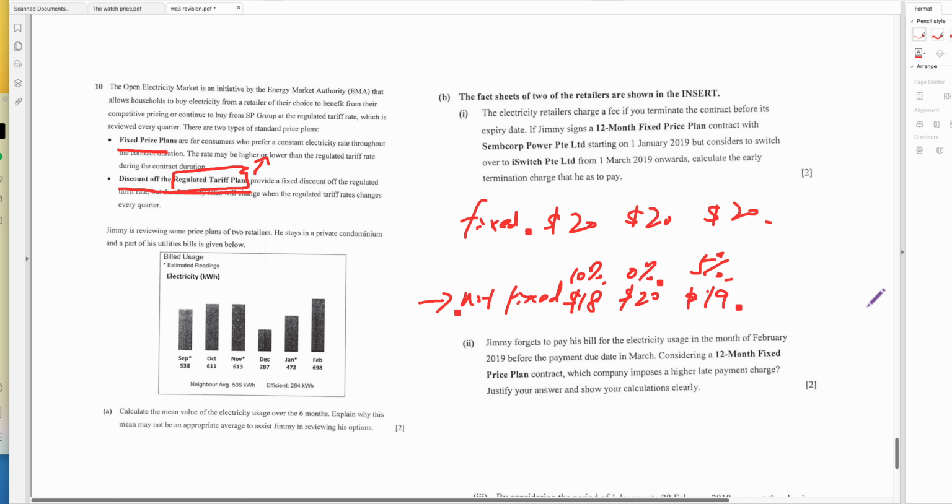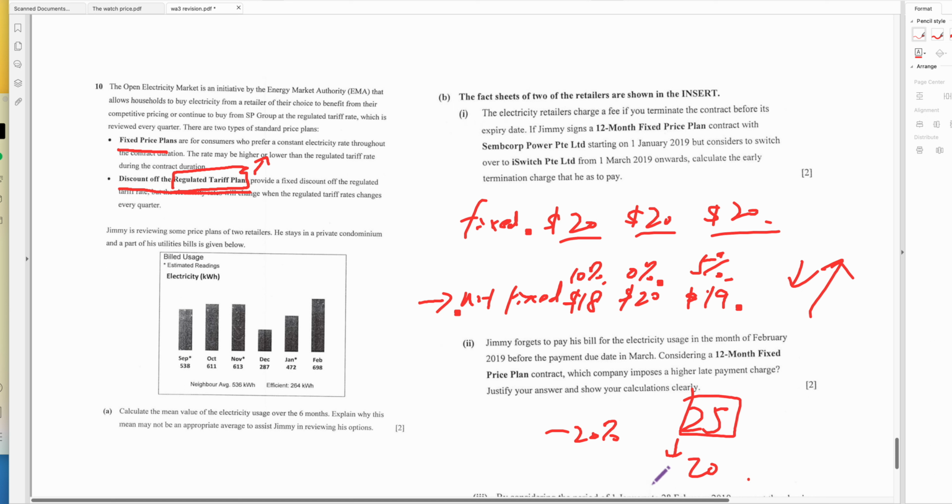So in a way, if your regulated tariff rate goes up, your discount comes down, and that month can go above 20. Understand? Let's say instead of 20 it's 25 already. You need a 20% discount to go to 20 if the tariff is 25.